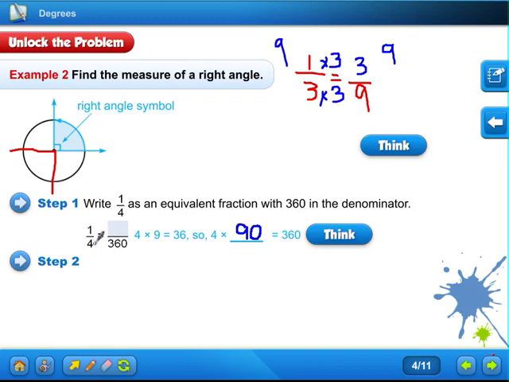So if I multiply the bottom by 90, let me get a smaller pen here so I can write. If I multiply this by 90, very hard to see, sorry about that. You're going to have to multiply the top by 90. So 1 times 90 equals 90.